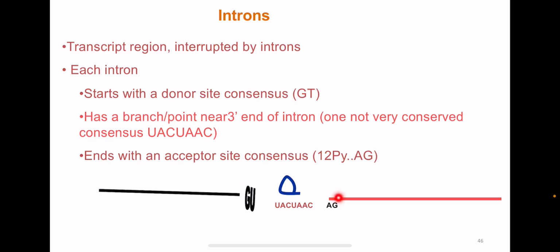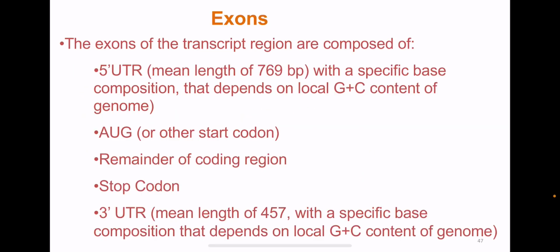Mostly it might not come directly as an AG. You might see like 12 pyrimidine nucleotides preceding it, then an AG. Pyrimidines can be T or C, so it can be CC, like 12 of them, then the AG, right? So be looking out for this when you are asked to point out an intron in a cluster of nucleotides.